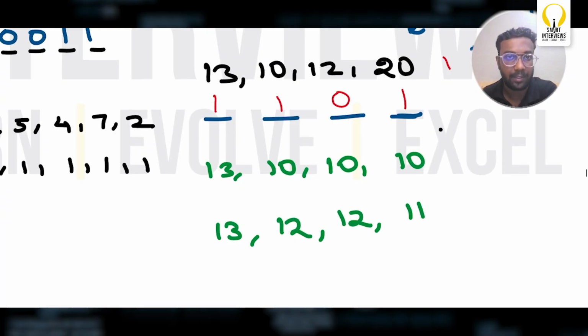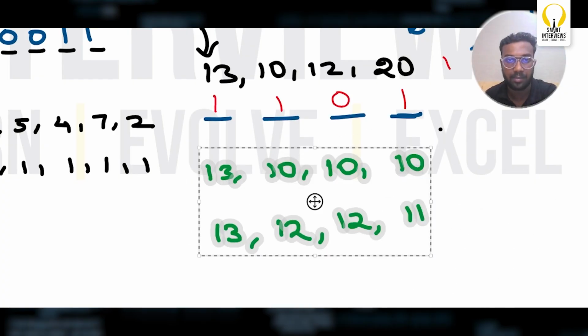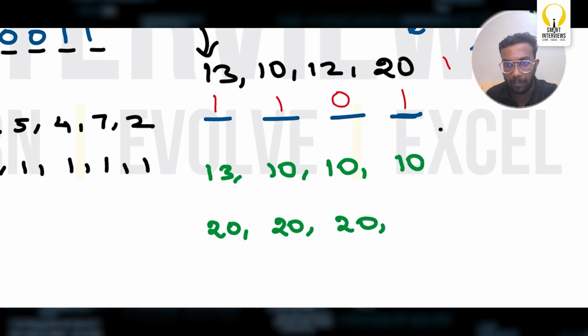So starting from 13, it should match to either of prefix or suffix. Let's call both of these as prefix and suffix. All of this will be 20, right? All of this will be 20.